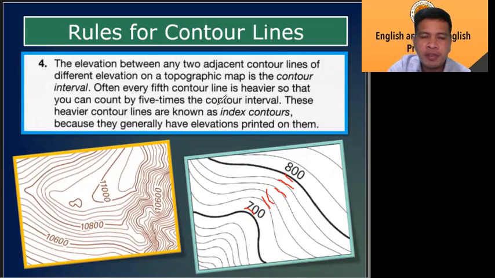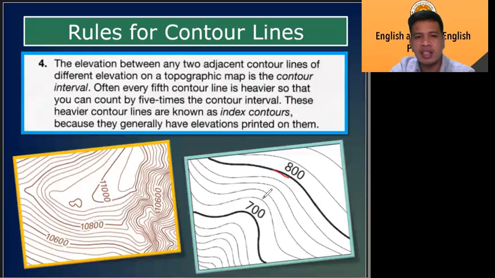Often, every fifth contour line is heavier. So we have 1, 2, 3, 4, 5. The fifth one is heavier or darker. These heavier contour lines are known as index contours or index contour lines. Earlier we mentioned this already, because they generally have elevations printed on them.